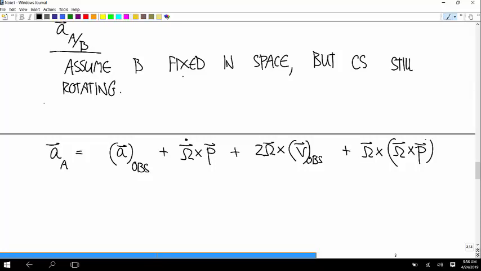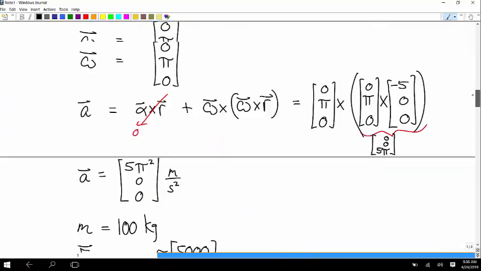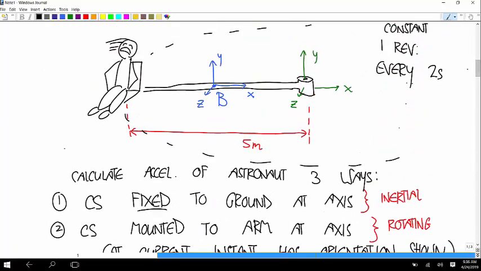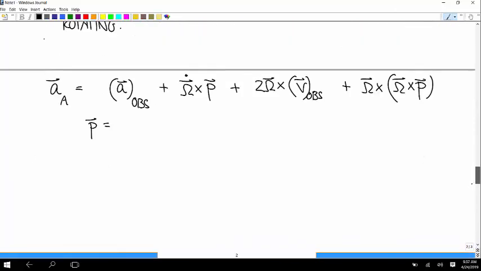All right. So first, what's the position vector? Our origin is at B. So what's the position of the astronaut according to our coordinate system? Negative 2.5, 0, 0.